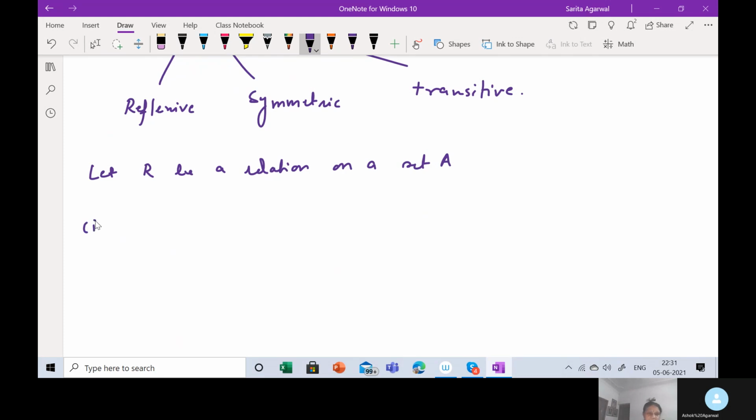Then reflexive is if (a, a) belongs to R whenever a is in A. In this case, we say R is reflexive.